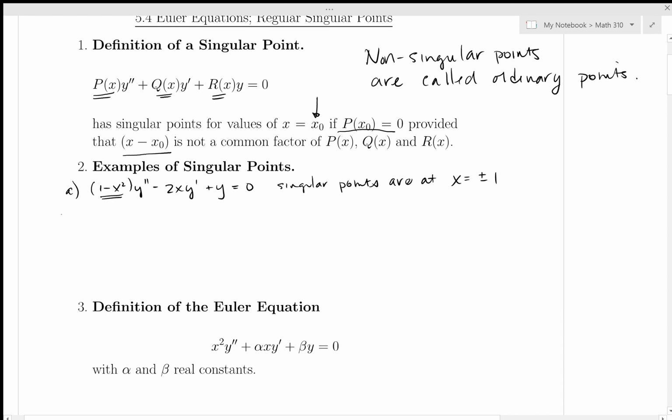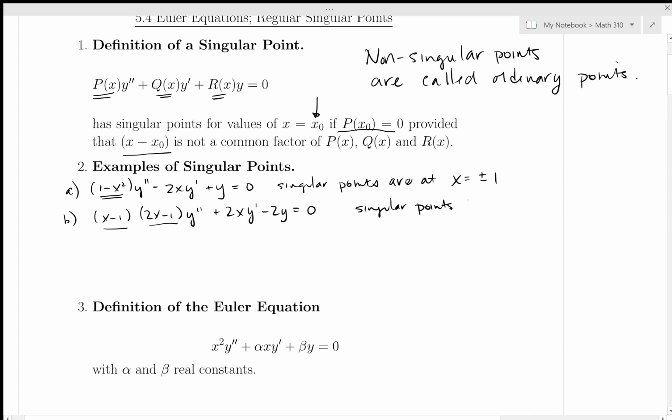Okay, next example. Here's another equation: x minus 1, 2x minus 1, y double prime, plus 2x y prime, minus 2y equals 0. Okay, we take a look. Where is this thing equal to 0? Those will be the singular points.